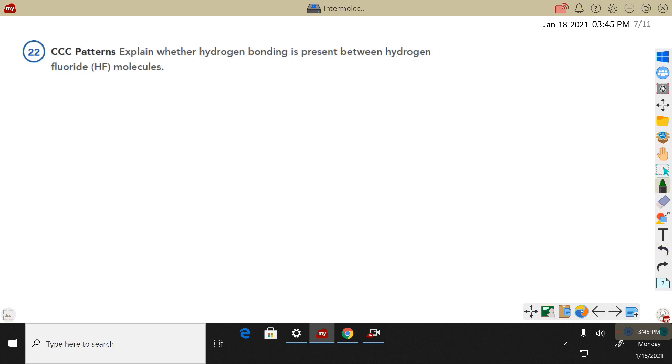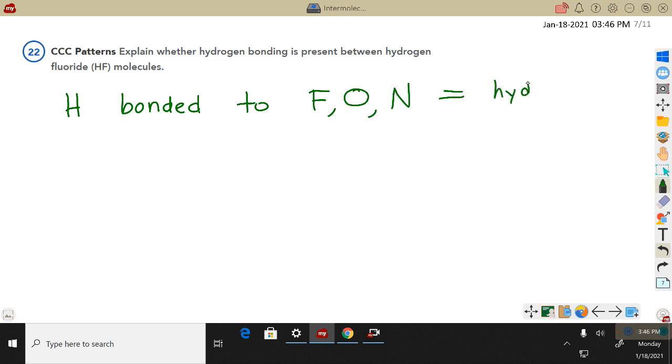So question 22, we're going to look at the bonding between hydrogen and fluorine, hydrogen fluoride molecules. Explain whether hydrogen bonding is present. Well, the easiest way to do this is to say, do I have hydrogen bonded to FON? Well, yeah. When a hydrogen is bonded to fluorine, oxygen, or nitrogen, that's when you're going to create hydrogen bonds.